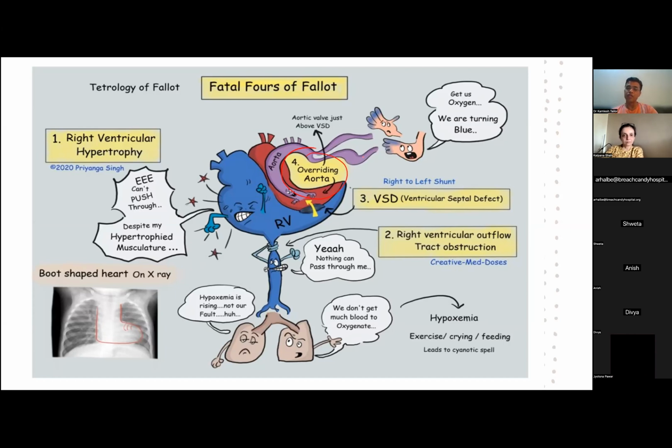Overriding of the aorta and malposition of the interventricular septum lead to an unrestrictive VSD, which is an outlet VSD in tetralogy. The malaligned septum leads to right ventricular outflow tract obstruction, and because of this obstruction the RV has to pump against severe resistance, leading to RV hypertrophy. So the four problems in tetralogy of Fallot are RVH, RV outflow obstruction, a non-restrictive VSD, and overriding of the aorta.